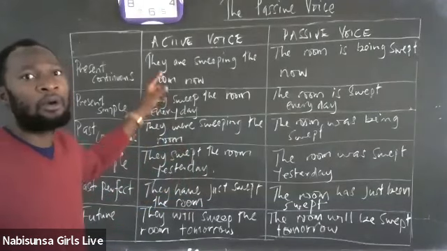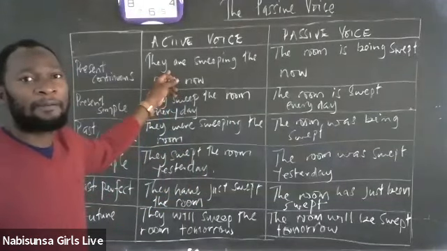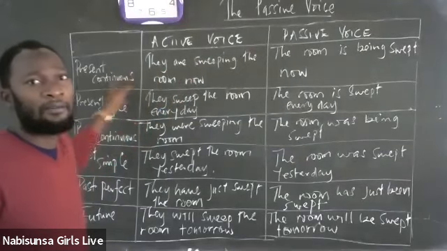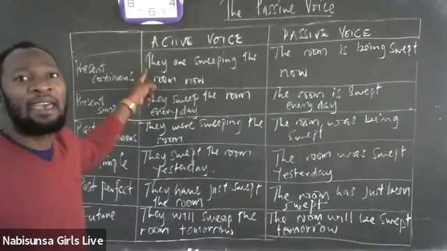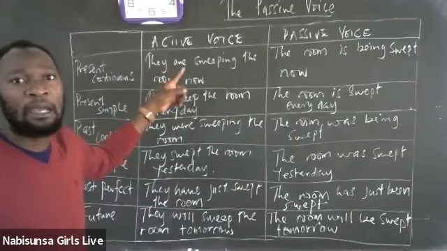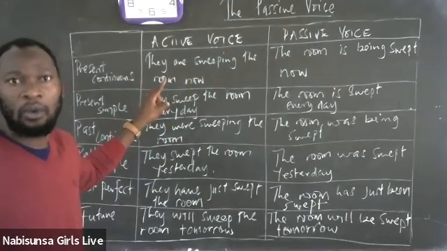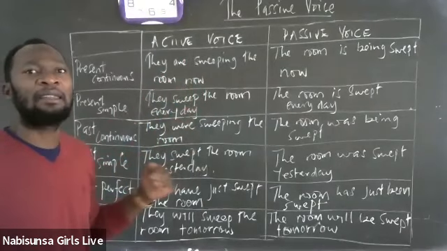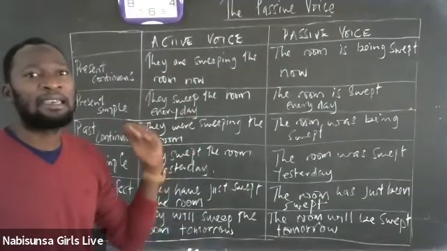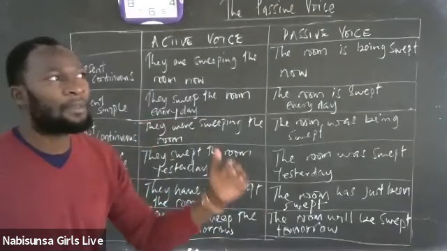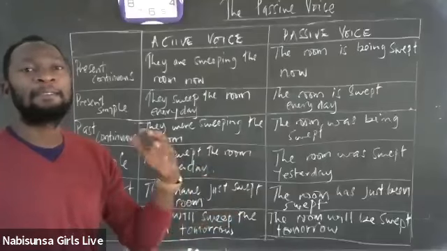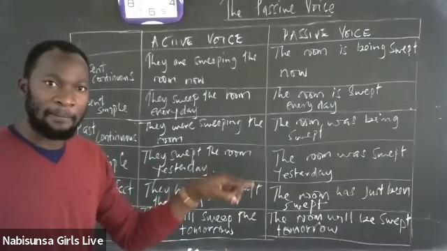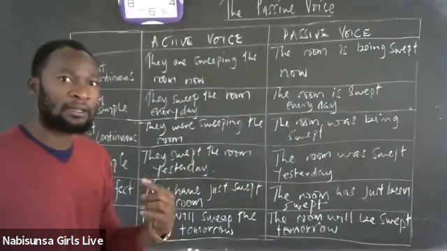For example, in the first row we have the present continuous, and the active voice is: they are sweeping the room now. Present continuous means that the action is taking place at the very time that we are talking about it.